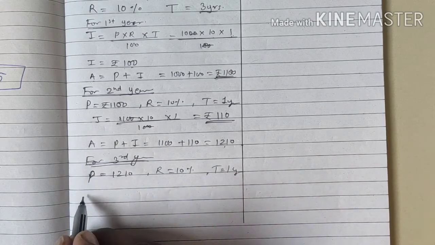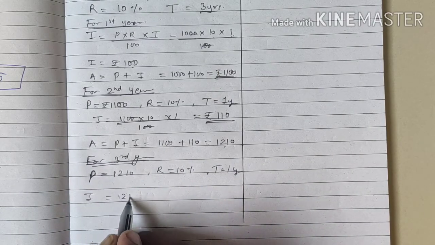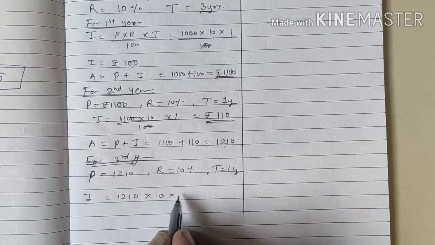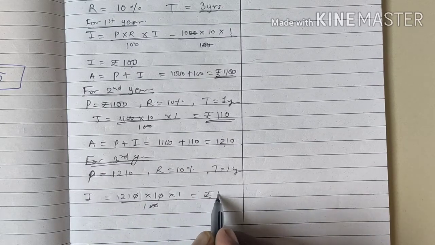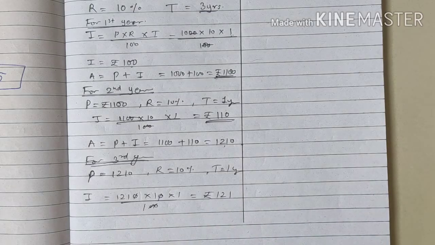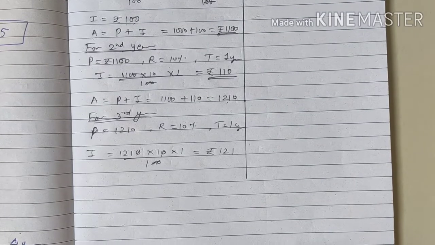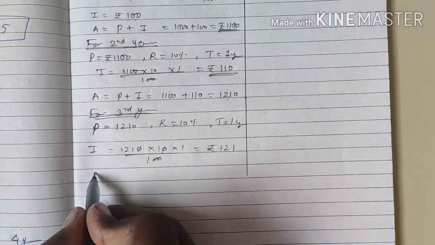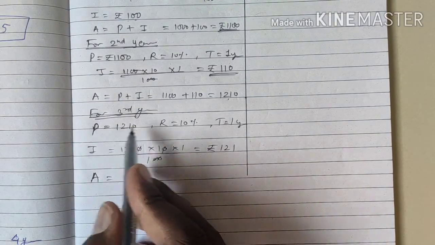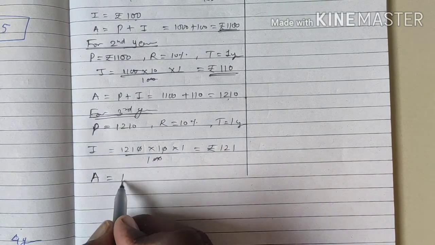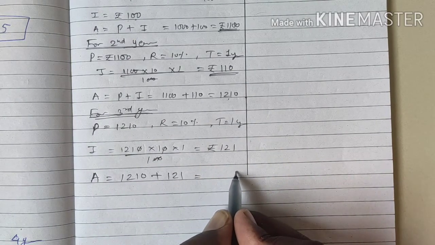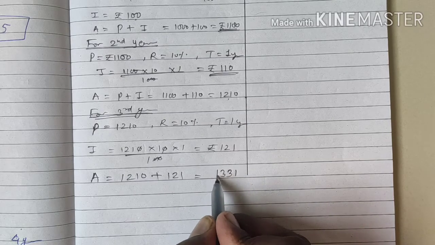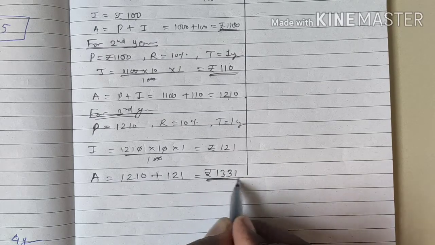So the interest will be 1210 into rate into time upon 100, which becomes rupees 121. Then the amount will be principal plus interest, 1210 plus 121, which gives us 1331 rupees.